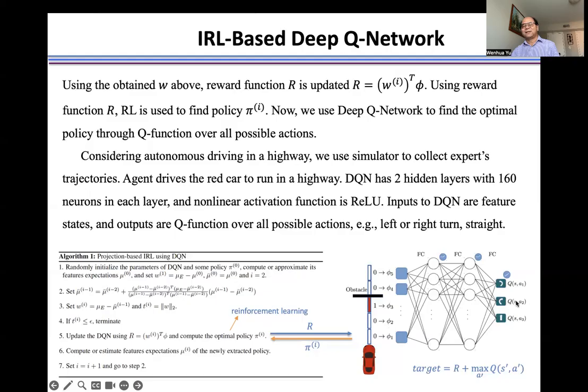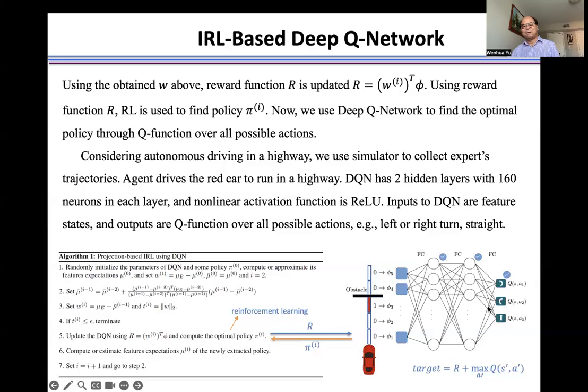So once we have this optimal policy, we can give this policy back to the reinforcement learning to find the mu value. And then we update it to find the W, and from W we get the R. We give this R to the Q network.